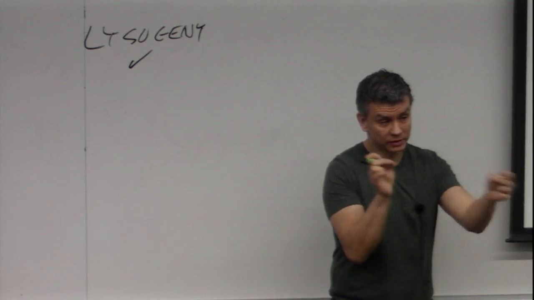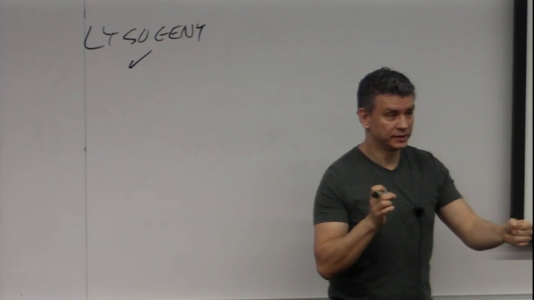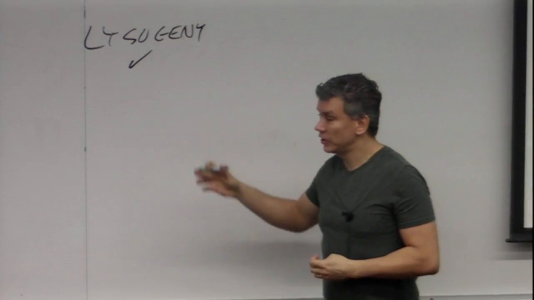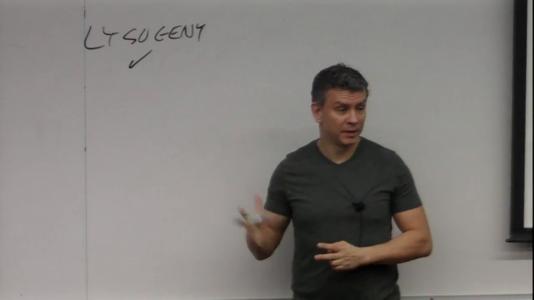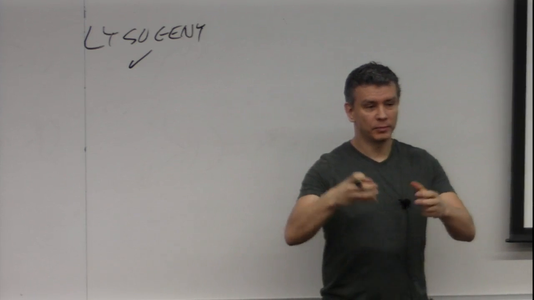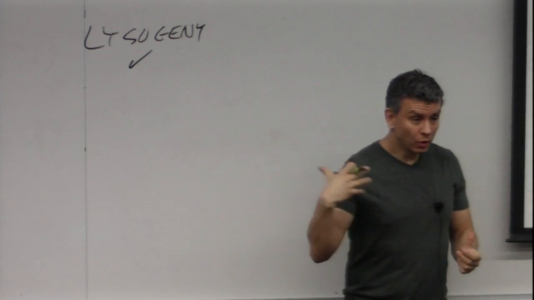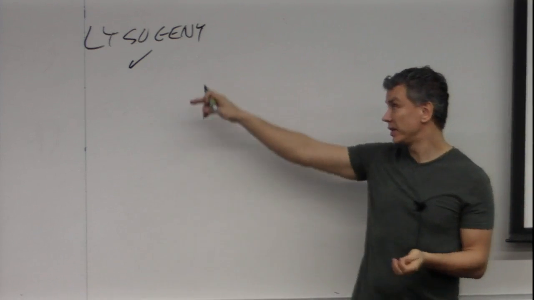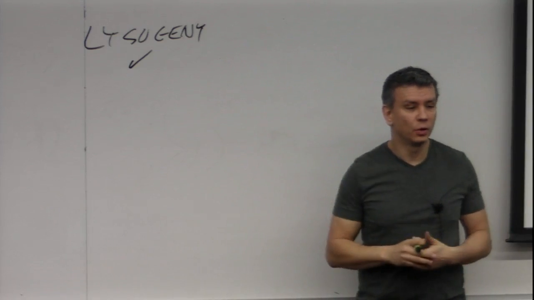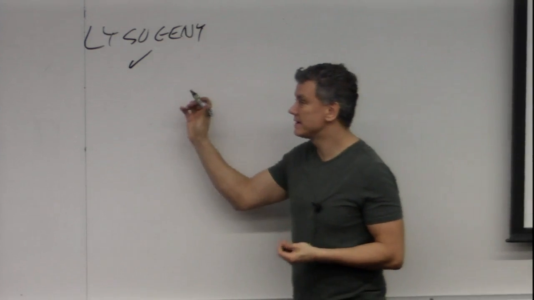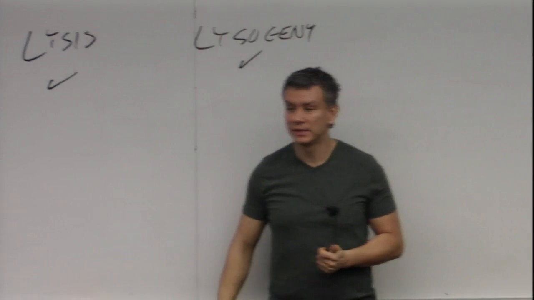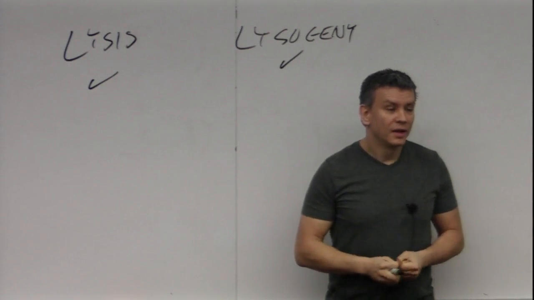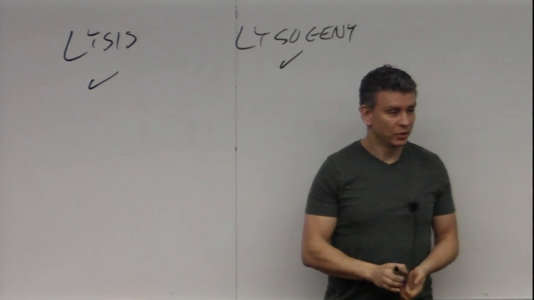Basically, you insert a stretch of DNA into the host DNA. But the effect of lysogeny is you don't harm the bacterium. The bacterium does what it does. But when the bacterium divides, then your information divides along with it. And this can happen for many generations, until at some later time, you decide to switch back to lysis mode, where you start making many copies of yourself and you kill the host bacterium.